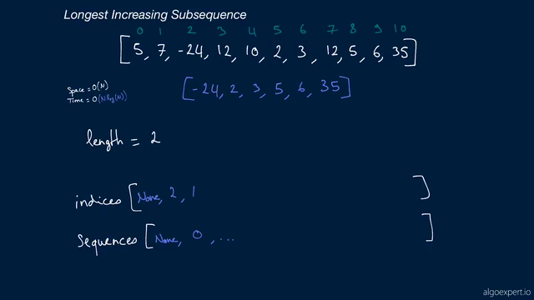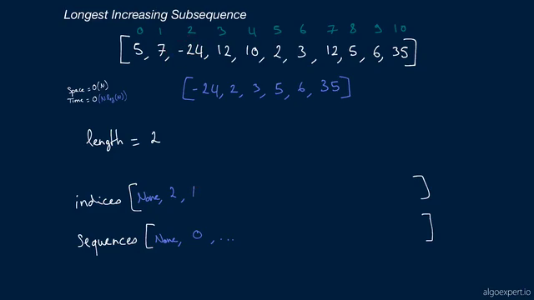All right. Now we get to 12. So for 12, we find the greatest number that is smaller than 12. So the greatest number that is smaller than 12 and that ends an increasing subsequence. So we look at both of these options that we have here. 2 and 1. 2 points to minus 24. 1 points to 7.